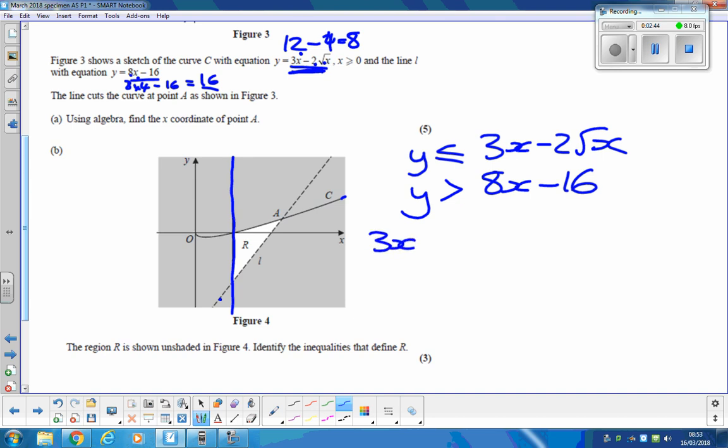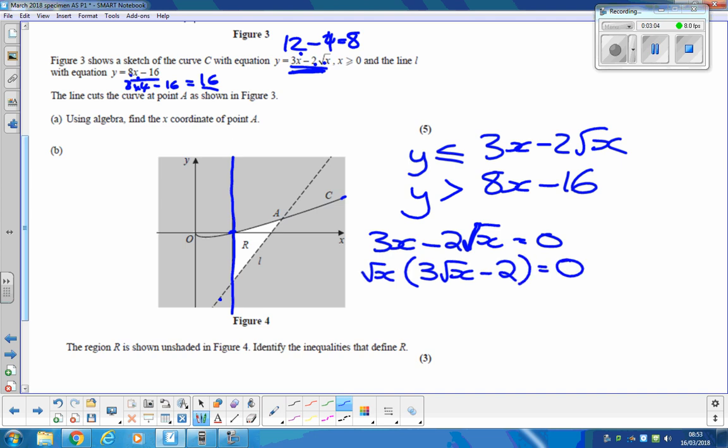So I've got 3x minus 2 root x. We want that, look, it's here is 0, so equals 0. Could do another quadratic here, but actually what I'm going to do is take out a factor of root x. And I've got root x times 3 root x minus 2 equals 0. That's telling me that that curve is equal to 0 either at 0, well that's there, or at 3 root x minus 2 equals 0.